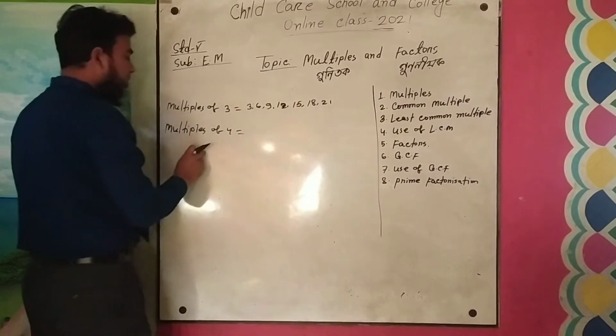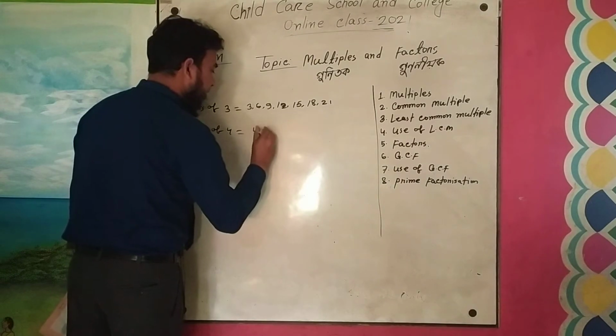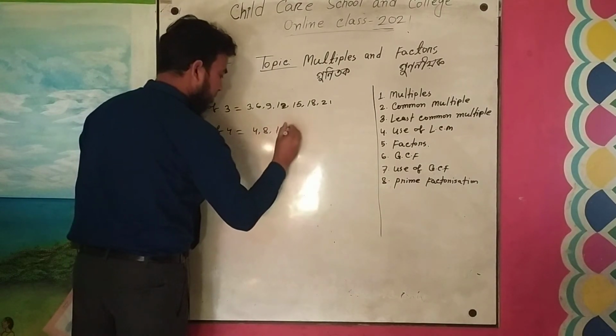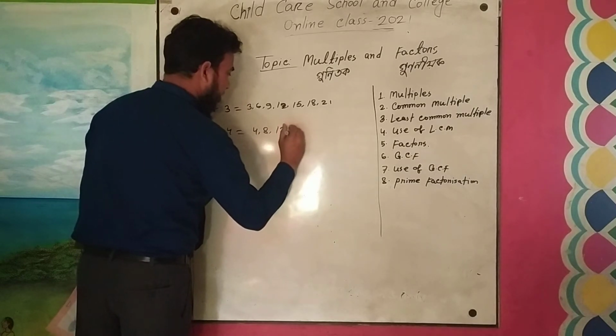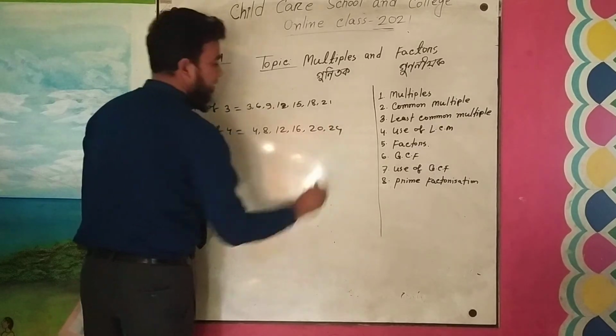Okay, just wait. Now we can write some multiples of 4. What will it be? 4, 8, 12, 16, 20, 24, this way.